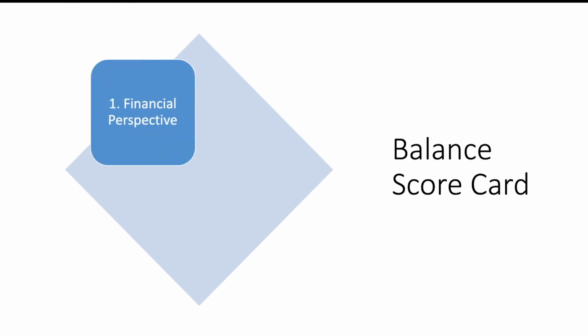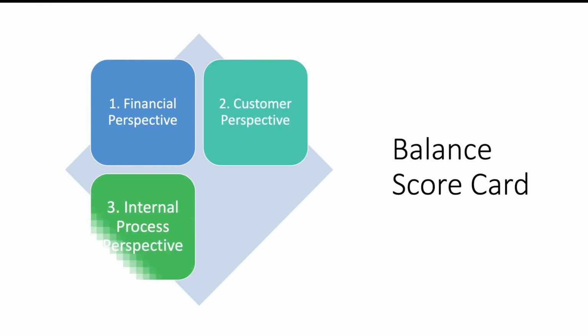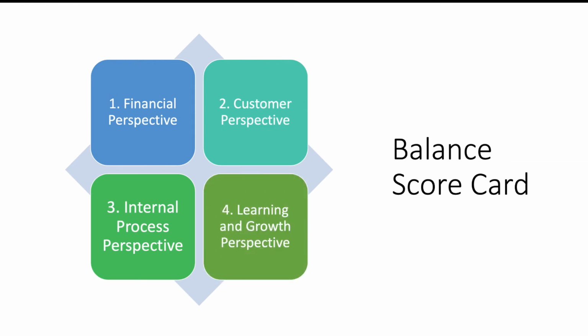What is balanced scorecard? This is a very important topic of this chapter. Balanced scorecard has four perspectives. One is financial perspective, second is customer perspective, third internal process perspective, fourth learning and growth perspective.